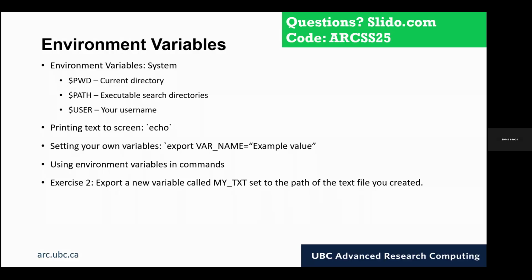And how we're going to look at these is using the command echo. Echo basically just says print whatever I tell it after this to the screen. And with environment variables in Bash, you won't print the name of the environment variable. It will always print whatever is in the environment variable itself.